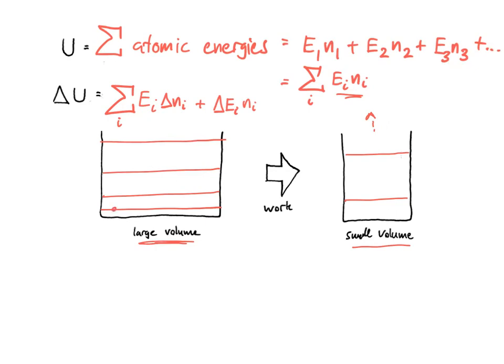And if I keep the same number of atoms at each level, I've still got 5 down here at this lowest level, and then I've got 3 at this level, and the same number at those higher levels. But see how the energy has increased because I decreased that volume and I've done work on that system. So this is a representation of work: changing the height of the energy levels themselves.